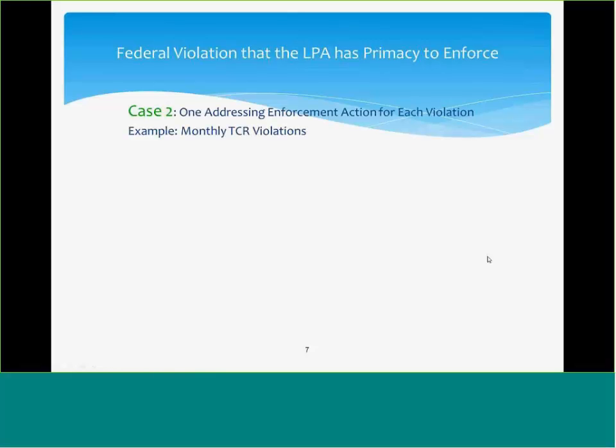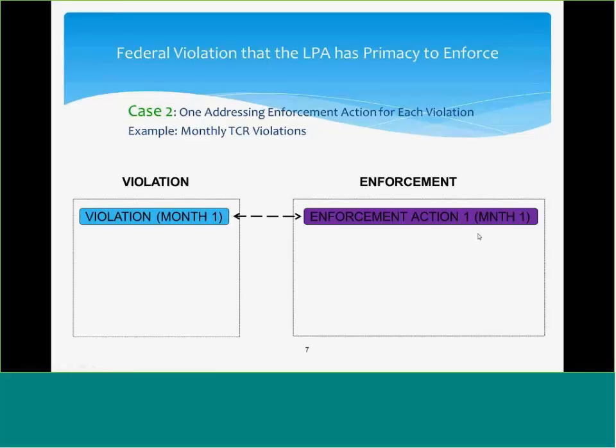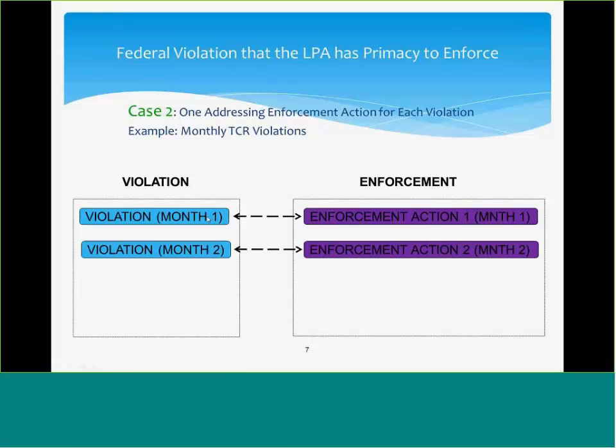So case two is one addressing enforcement action for each violation. This would be like monthly TCR violations. For month one, they are out of compliance, so you issue a violation, but you would also enter a separate enforcement action and associate it back to that month one violation.